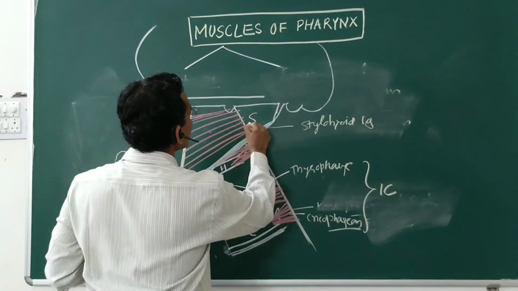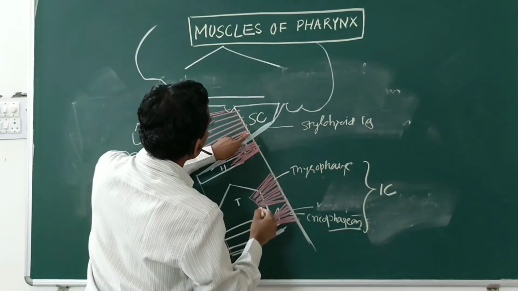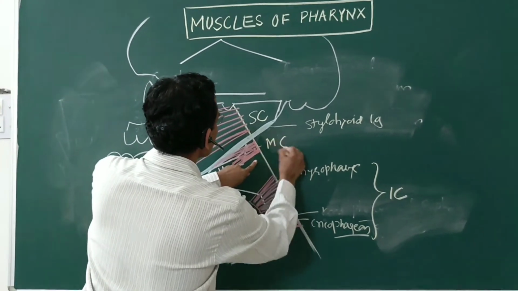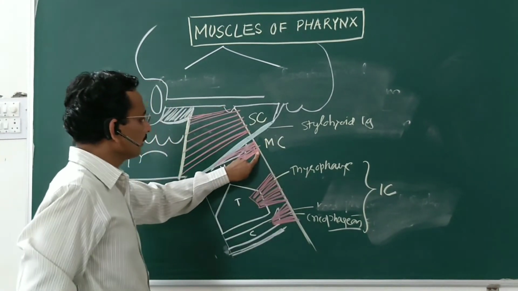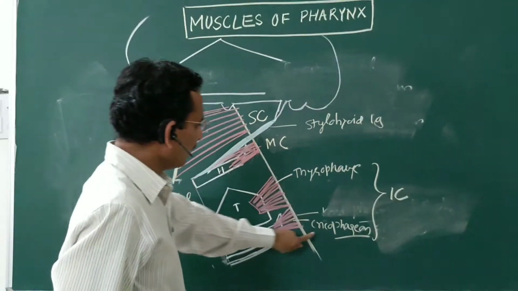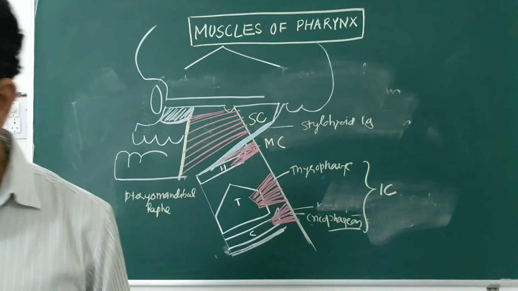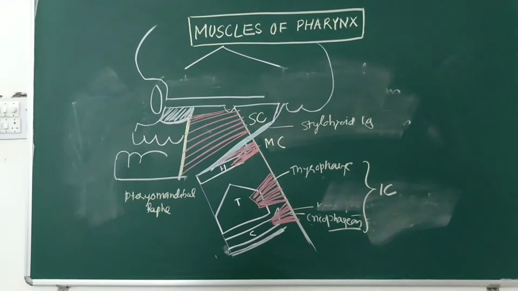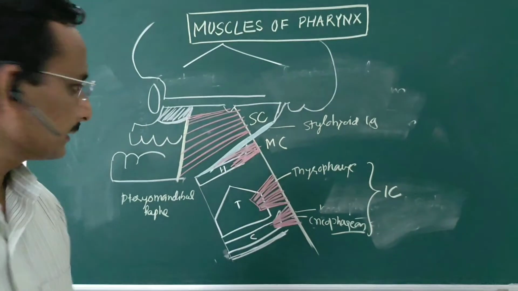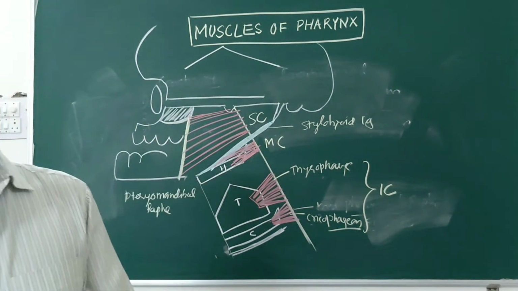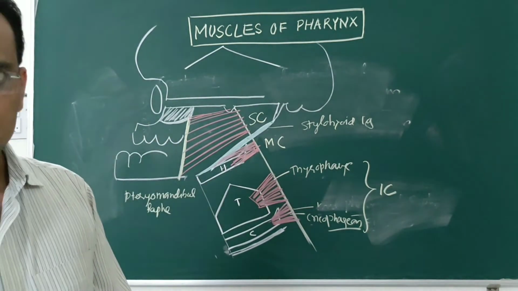So the superior constrictor is inserted on the median fibrous raphe. This is the middle constrictor, again inserted on the median fibrous raphe, and this is the inferior constrictor, again inserted on the median fibrous raphe. This means all these muscles have a common insertion.